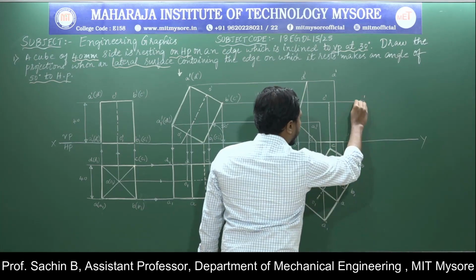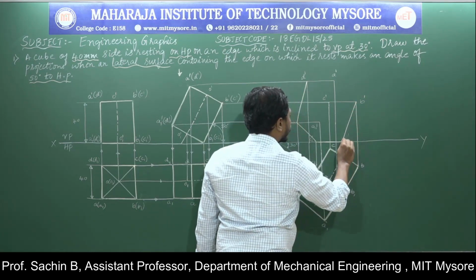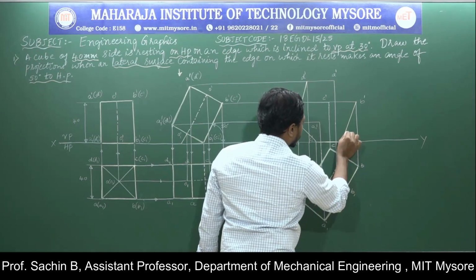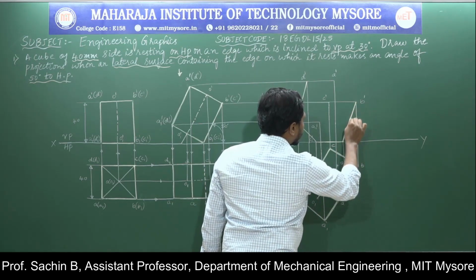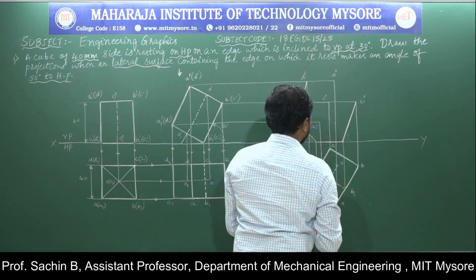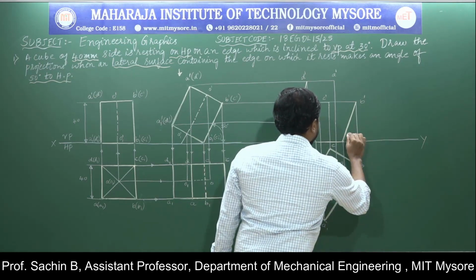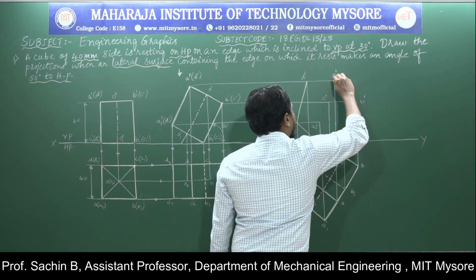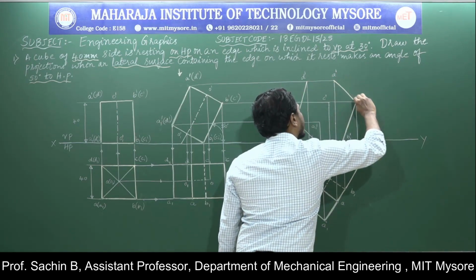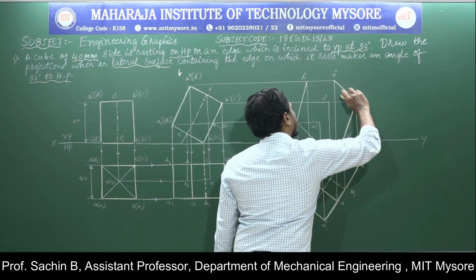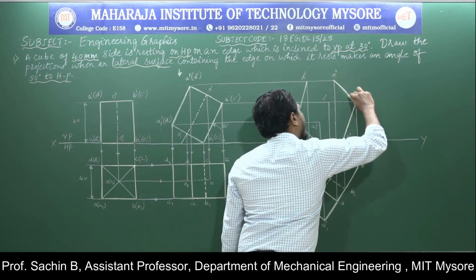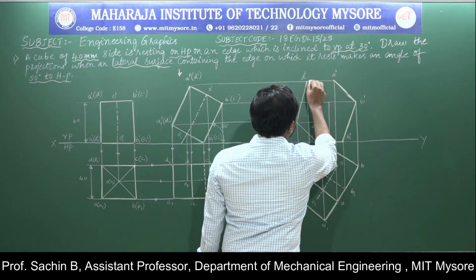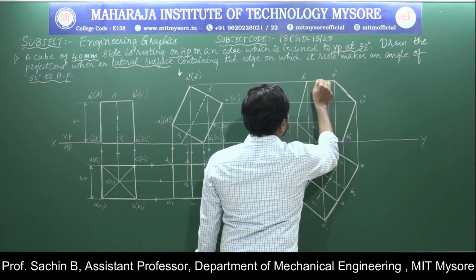Again from B dash to B1 dash. From there to A dash to B dash. Again from D dash to A dash is the outermost edge.